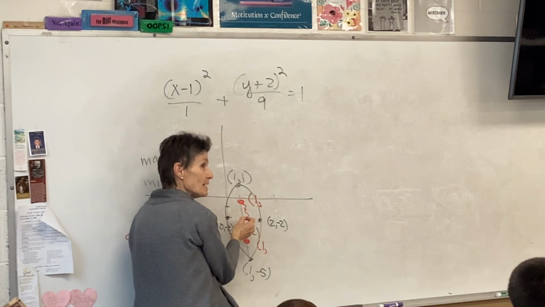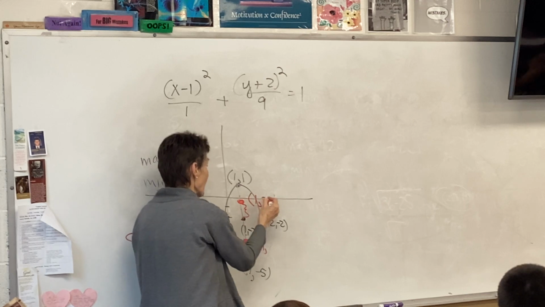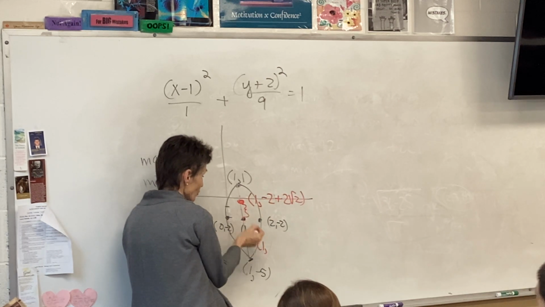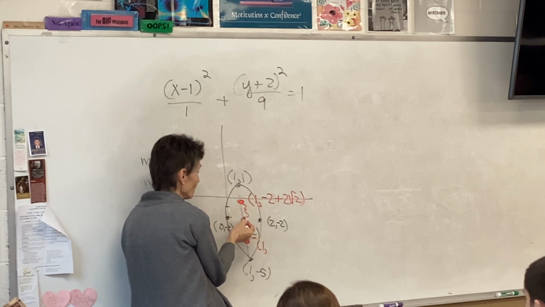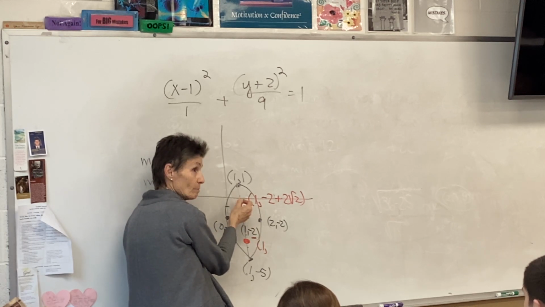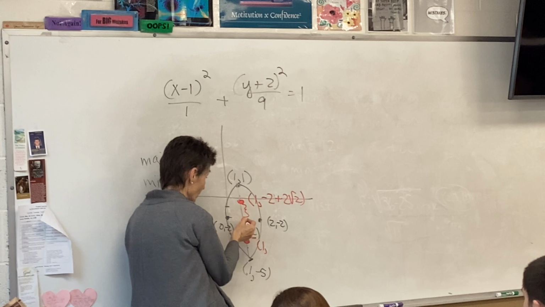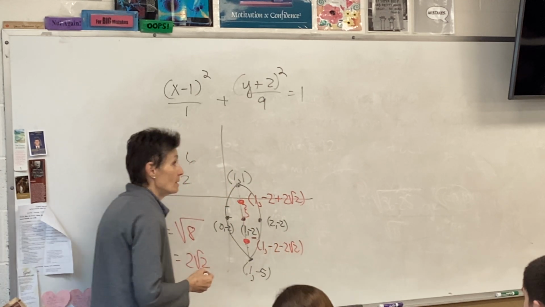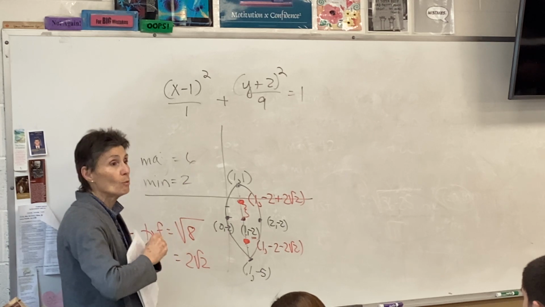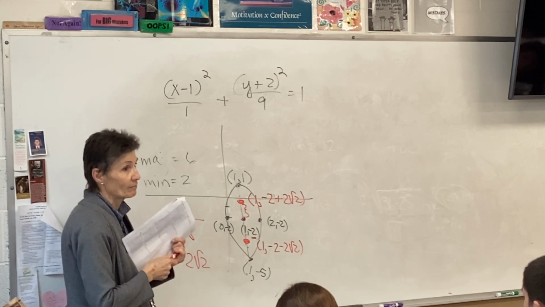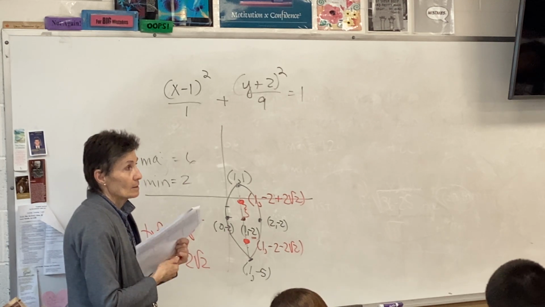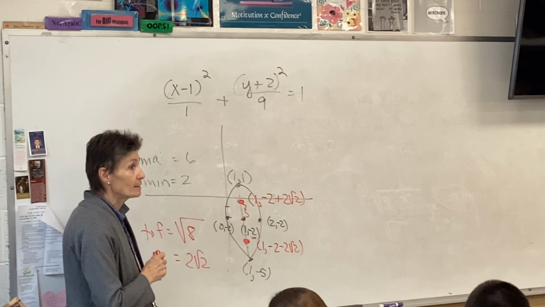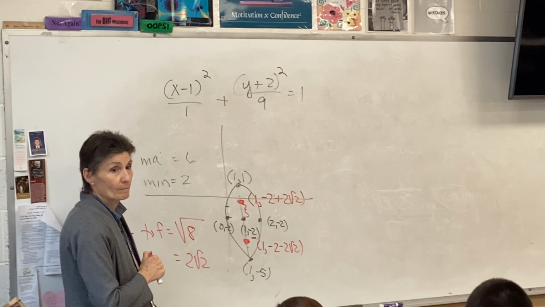So I'm starting at -2, and I'm going to go up 2 root 2. So start your starting point, -2, and add 2 root 2. And then this one will be -2 minus 2 root 2. Now those are not nice looking points, but they are what we have. So we start at the center and go up 2 root 2 and down 2 root 2.